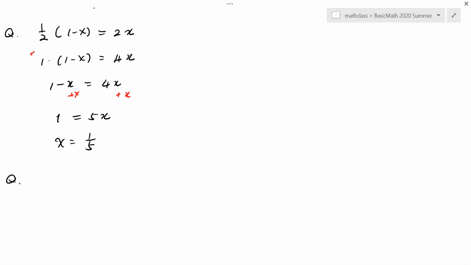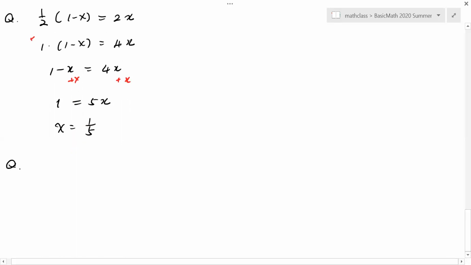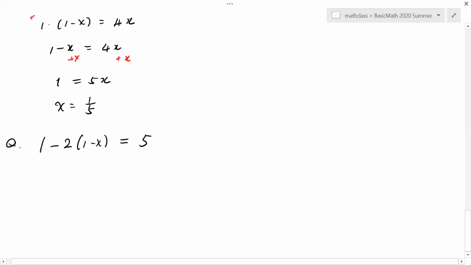All right. So let's try the next one. And suppose you have 1 minus 2 times 1 minus x equals 5. Let's try and solve this equation.